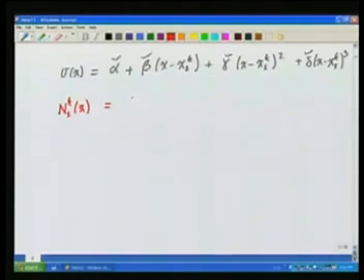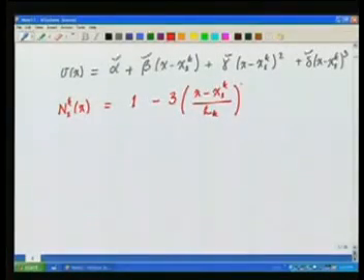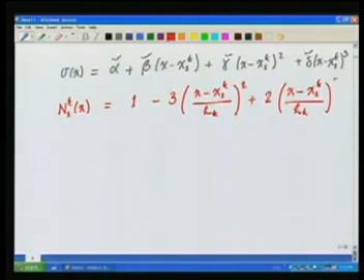is equal to 1 minus 3 into x minus x1k by hk whole squared plus 2 into x minus x1k by hk whole cubed.